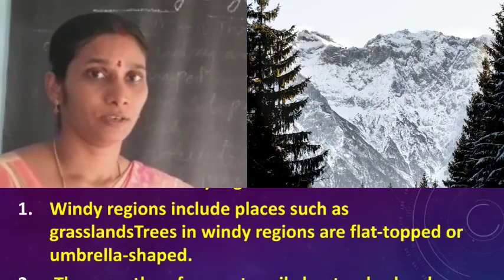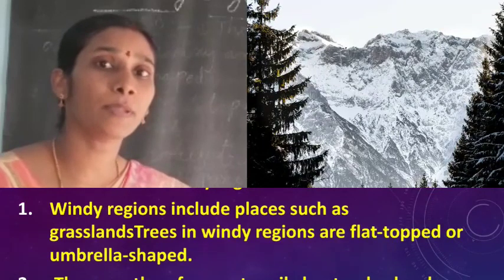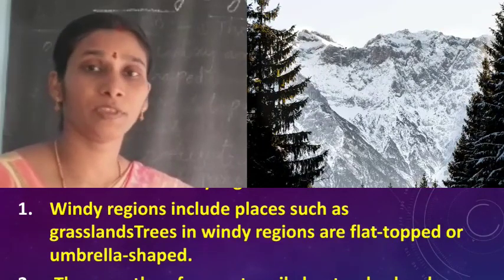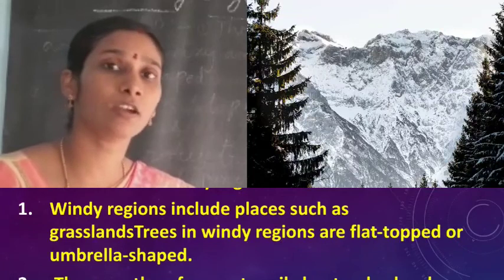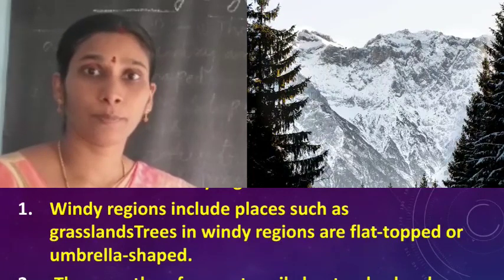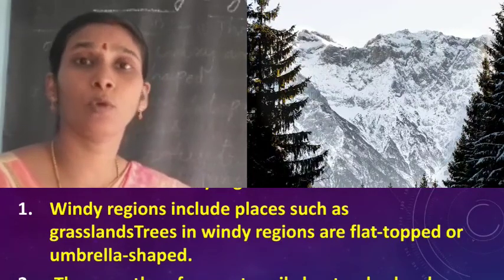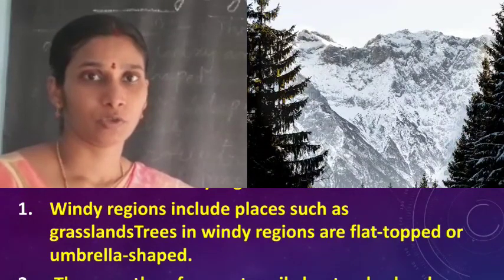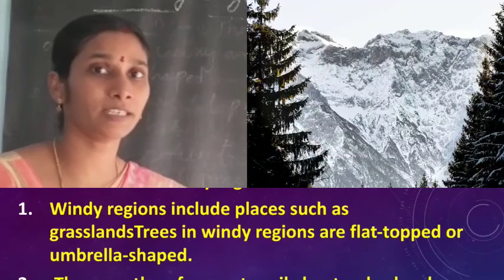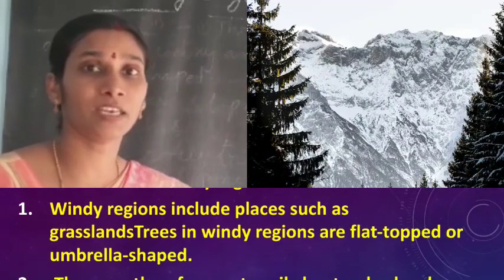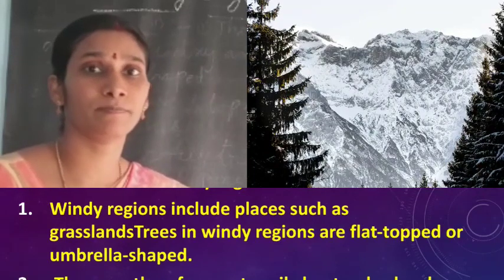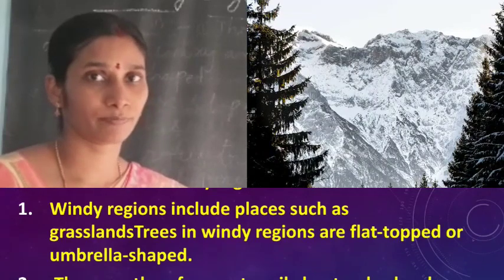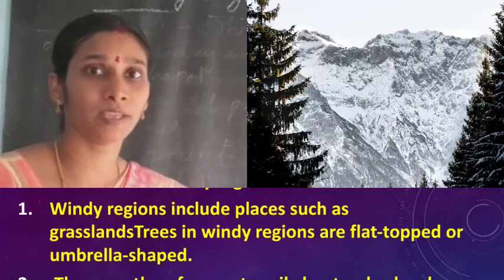Because of this umbrella shape, even if there is a lot of wind, the branches and trees won't bend and won't break. If you observe cyclones or any time there are strong winds, some of the branches may bend and some of them break.